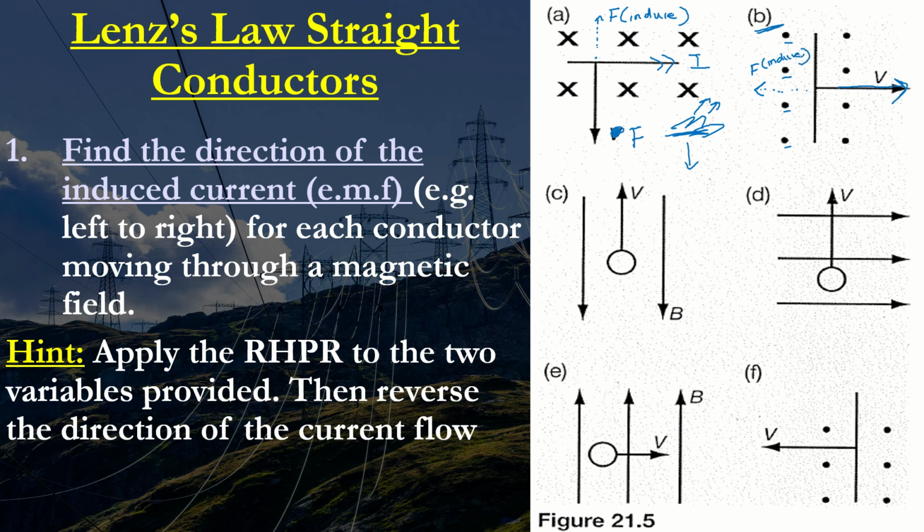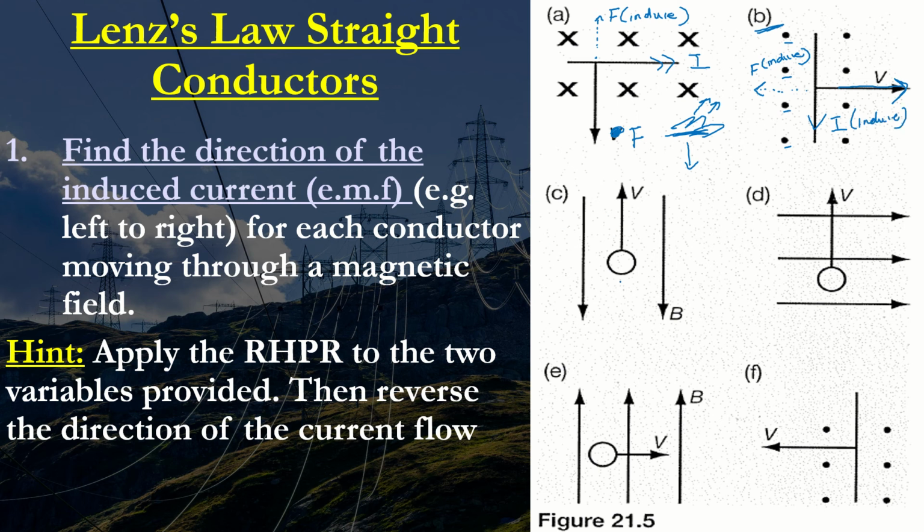Which means, using your right hand, fingers pointing out of the page, palm following where the induced force goes, going to the left, hence thumb is pointing down, so the induced current is going down the page.